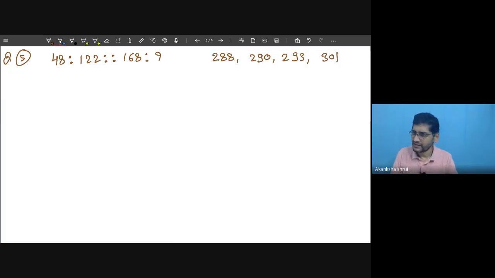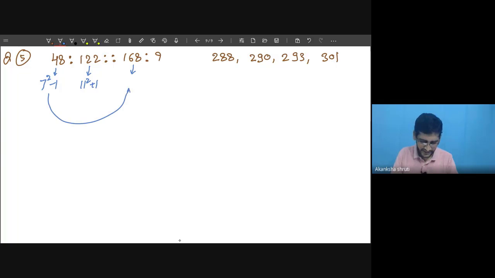Very simple. Observe the number closer to the square. It is like 49 minus 1, 7 square minus 1, 121 plus 1, 11 square plus 1. What is this? This is also following this same rule.